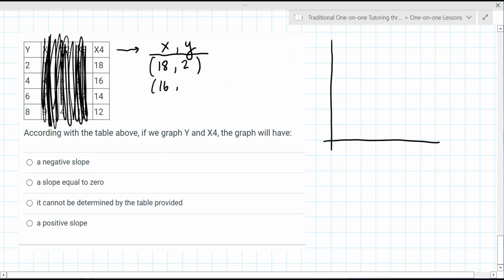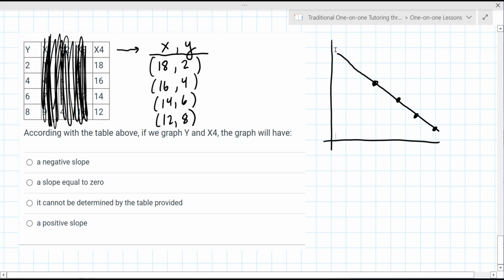So 18 comma 2, 16 comma 4, 14 comma 6, and then 12 comma 8. Then we graph them. So it looks like a line like this. That's why it's so important to graph it properly, because if you mix them up, you might get a different graph.